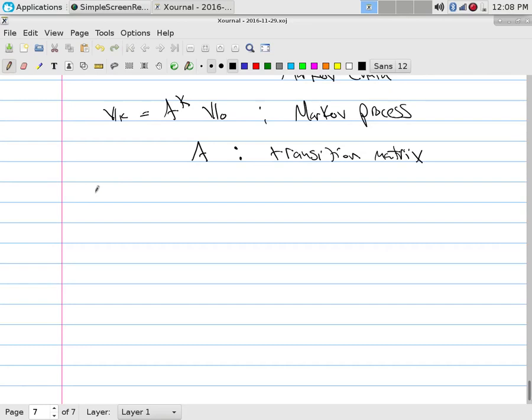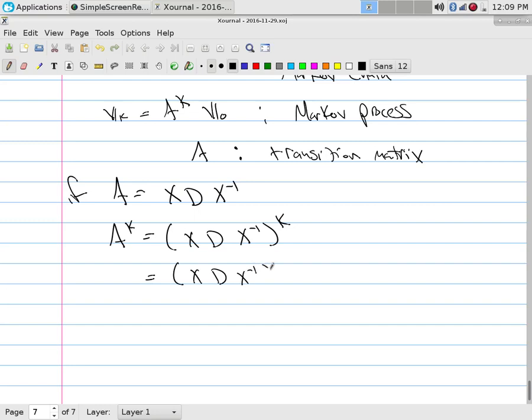But on the other hand, A to the K, if A is equal to X D X inverse, so let's say X has eigenvalues and eigenvectors, which we used before as a natural basis. It's the stretching guys, except now I'm going to write it as a factorization. What would A to the K look like? Well, that would be simply X D X inverse to the K. But that's just X D X inverse times X D X inverse times X D X inverse.